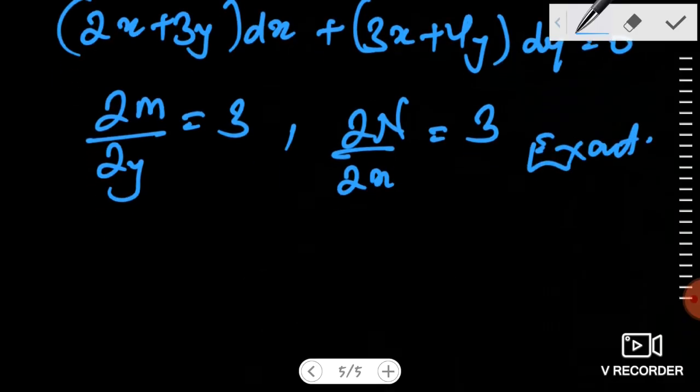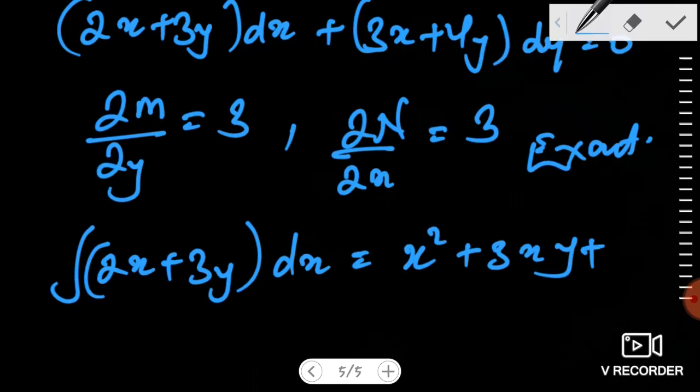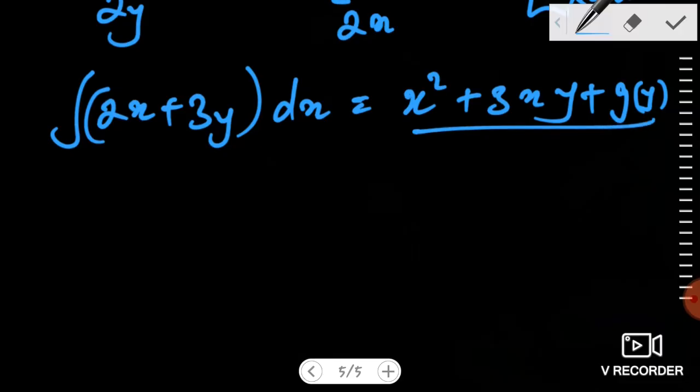Now, we are going to integrate 2x plus 3y with respect to x, which will give us x squared, right? Then plus 3xy plus our constant, which is going to be in terms of y, g of y, right? Now, differentiate this with respect to y.